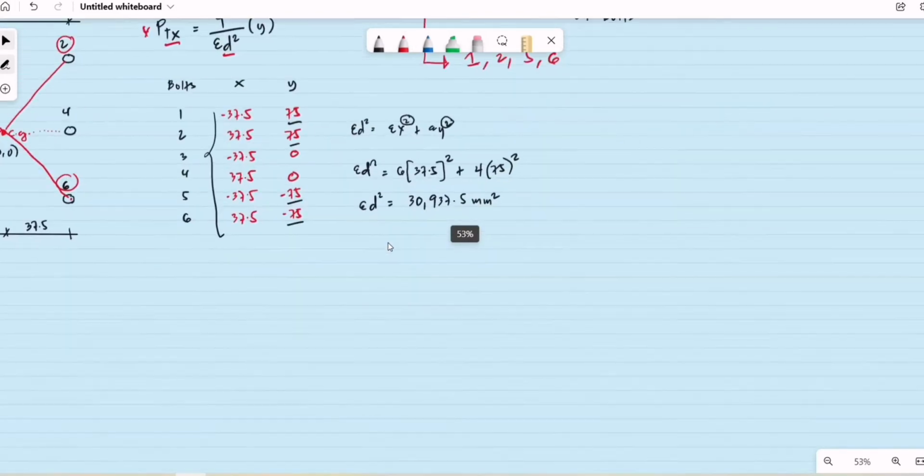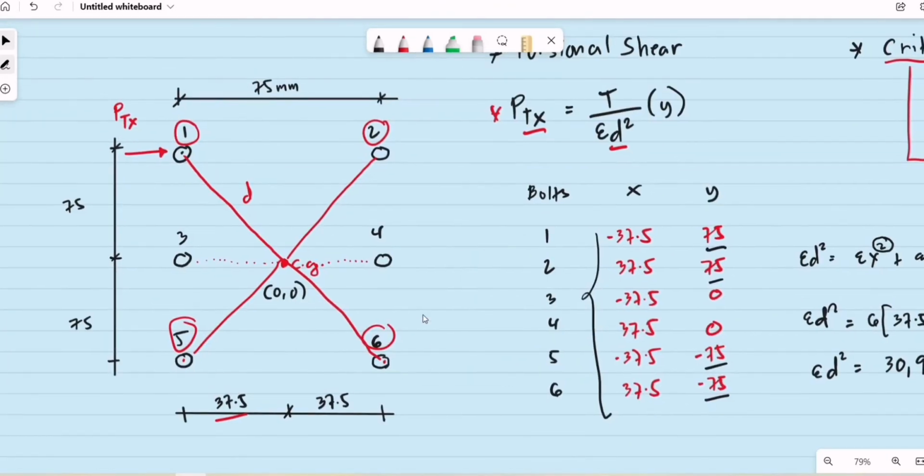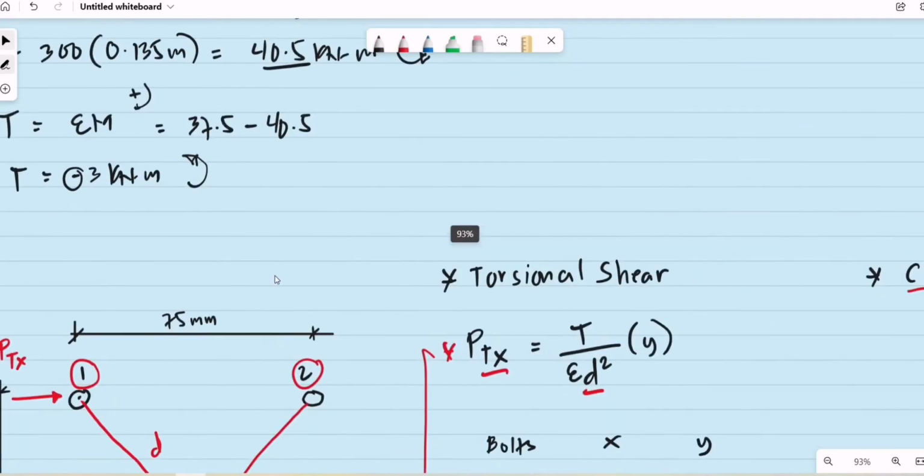Computing for this, what is the value of their Y? The value of Y from the center of gravity is basically equal to 75 mm. Now, P sub Tx is equal to, what is our total torque? Our total torque is 3 kilonewton meter.